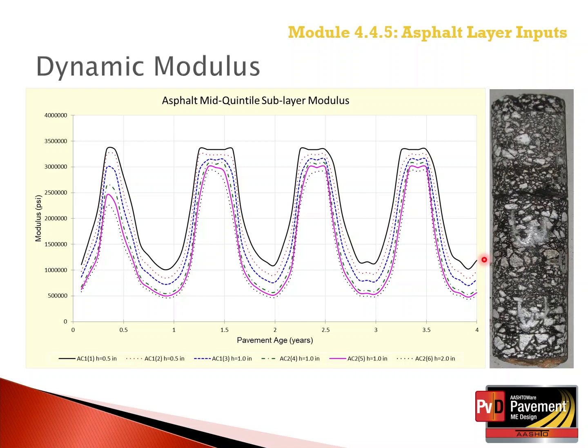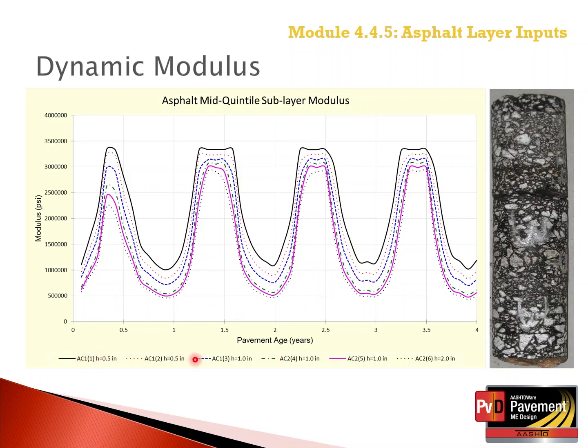The asphalt layers are divided into sublayers, and the dynamic modulus for the upper or surface layer is higher than for the lower asphalt layer because the frequency or the time of loading is lower at the surface compared to the lower layers.